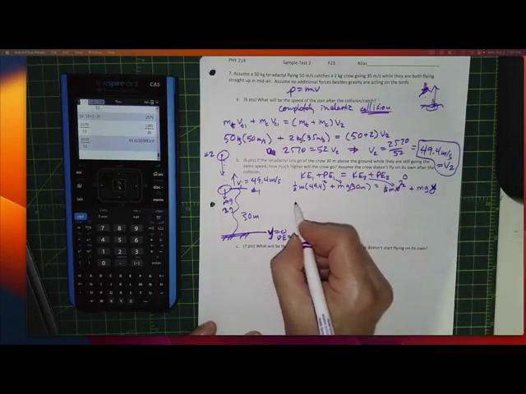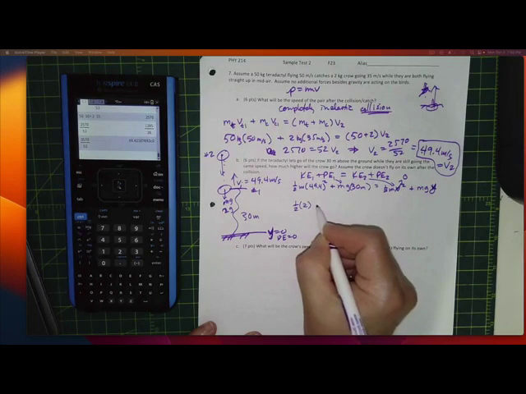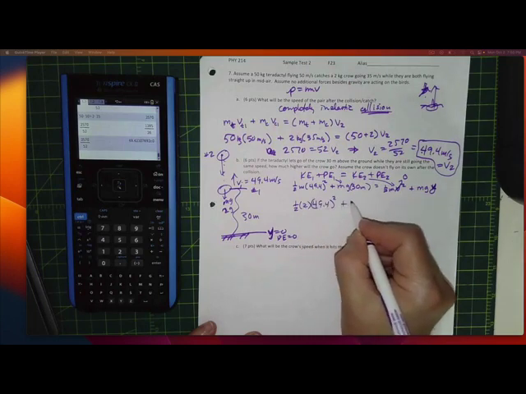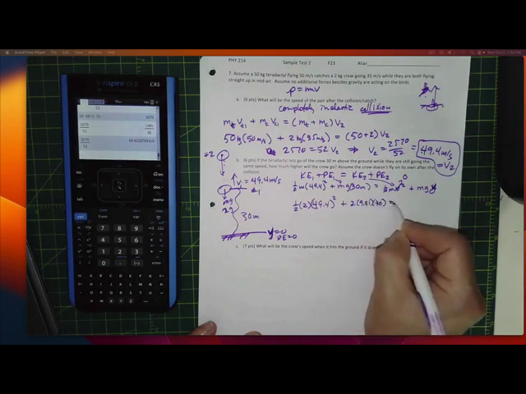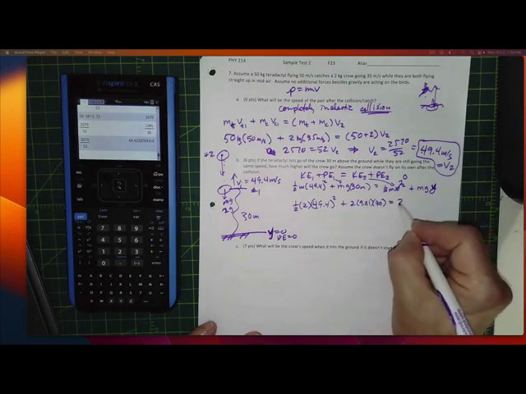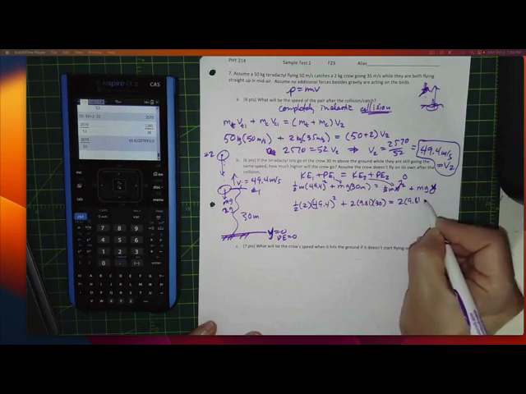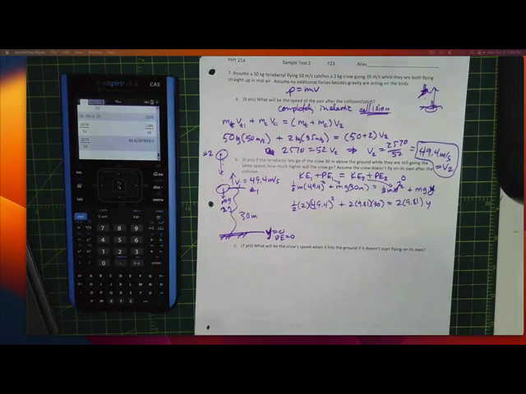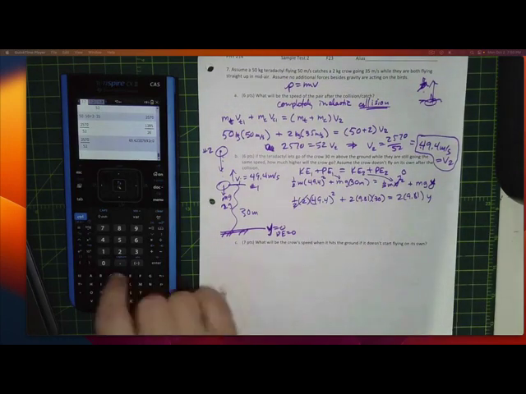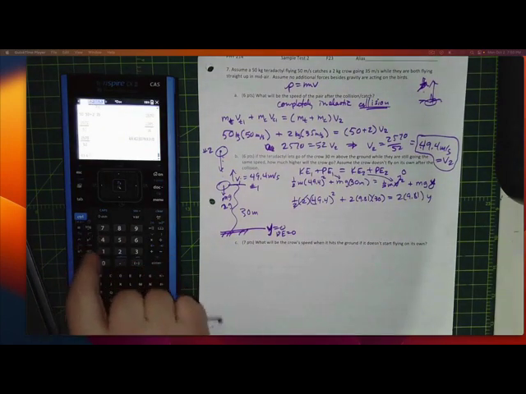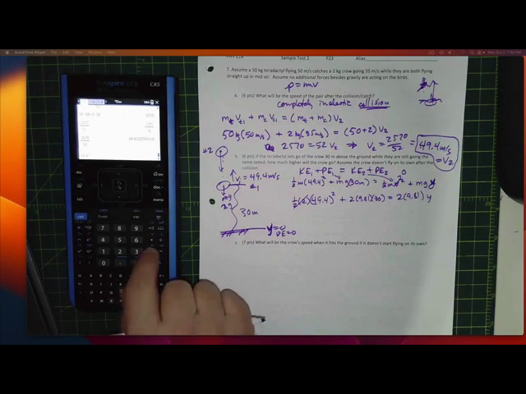So let's plug in what we know. 1/2 of 2 times 49.4 squared plus 2 times 9.81 times 30 equals 2 times 9.81 times y. Okay, 49.4 squared plus 2 times 9.81 times 30.